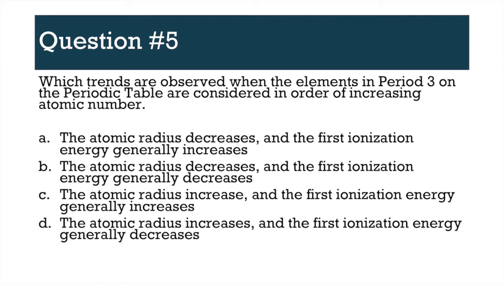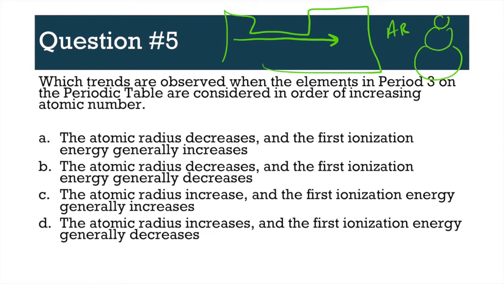Number 5 says which trends are observed when elements in period 3 on the periodic table are considered in order of increasing atomic number. So it's basically saying as you go left to right, what happens? With this, the question is talking about atomic radius and ionization energy. Whenever you're thinking about atomic radius, you should think of that snowman.